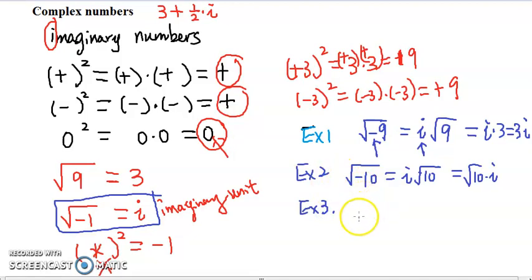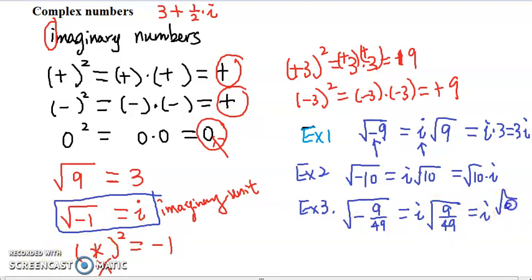The next example, what if we have a fraction? Say we have the square root of -9/49. Again, if there's a minus sign under the square root, you have to change it to i, put an i there, and then get rid of the minus sign. Now we're going to simplify the square root. We can do the square root of 9 divided by the square root of 49.